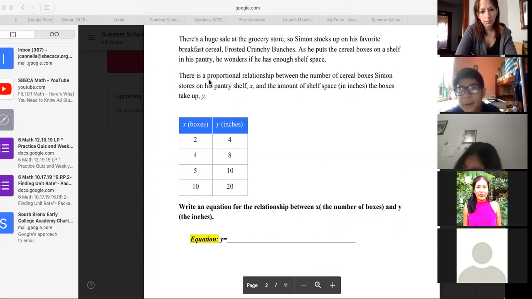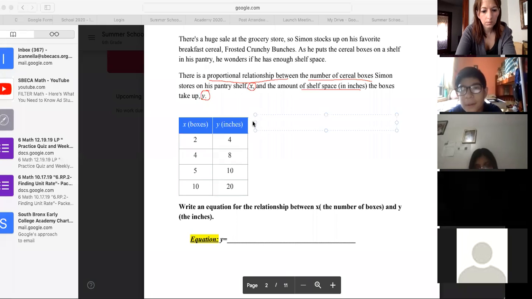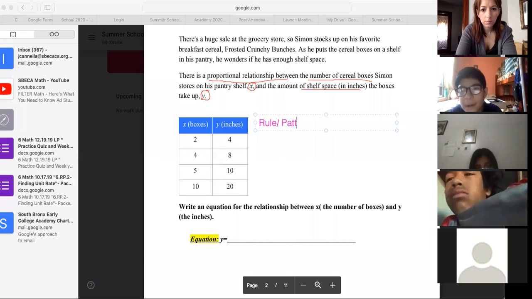As he put the cereal box on a shelf in his pantry, he wondered if he has enough shelf space. There is a proportional relationship between the number of cereal boxes Simon stored on his pantry shelf, X, and the number of shelf space in inches the boxes take up, Y.